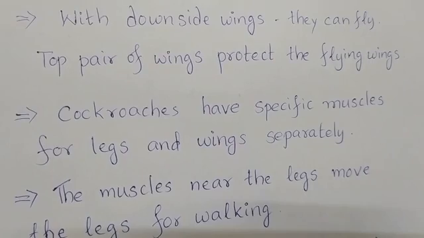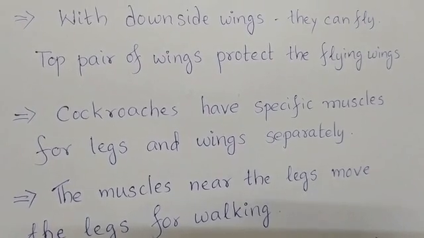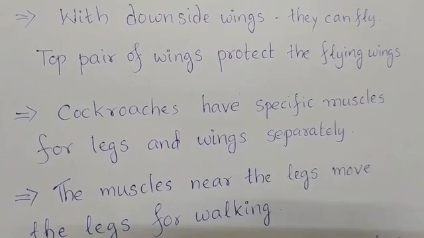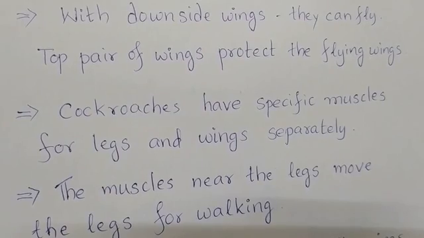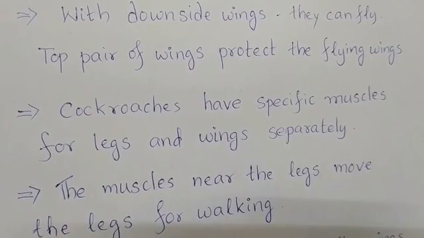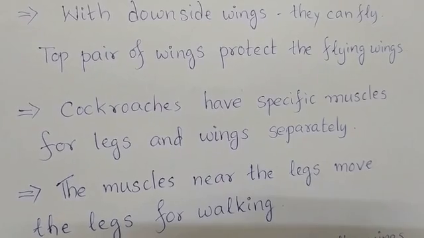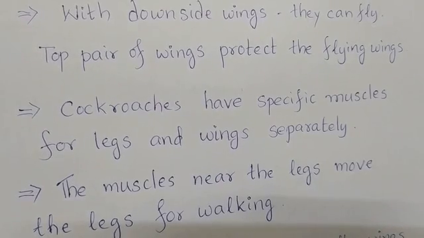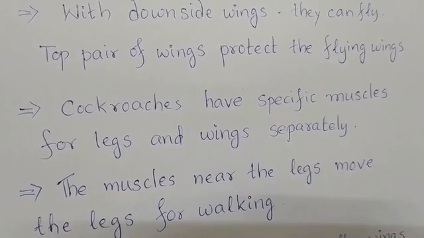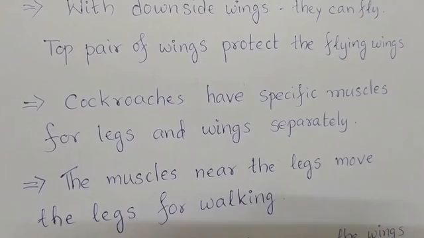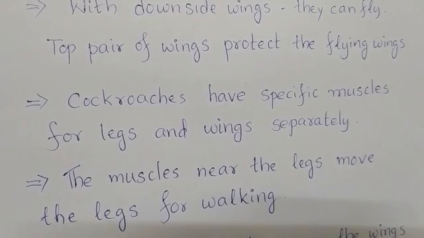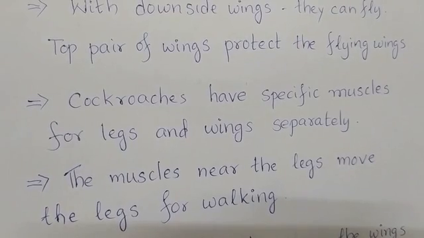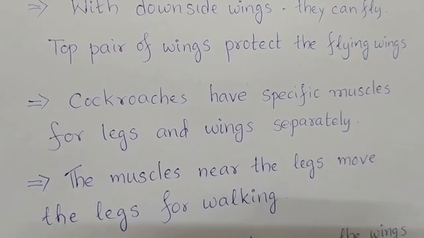So, cockroaches have specific muscles for legs and wings separately. For both legs and wings, common muscles are not there. Specific, distinct muscles are there for legs and wings. The muscles near the legs move the legs for walking.